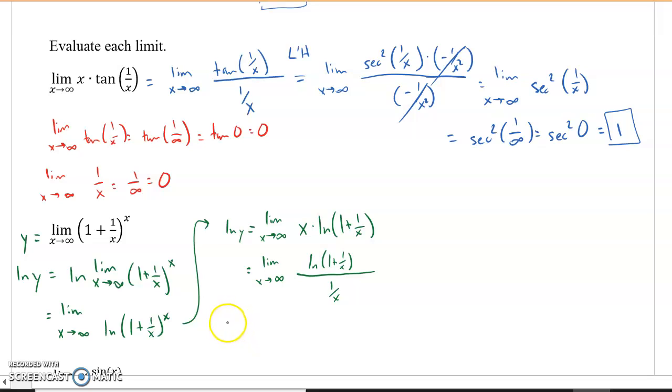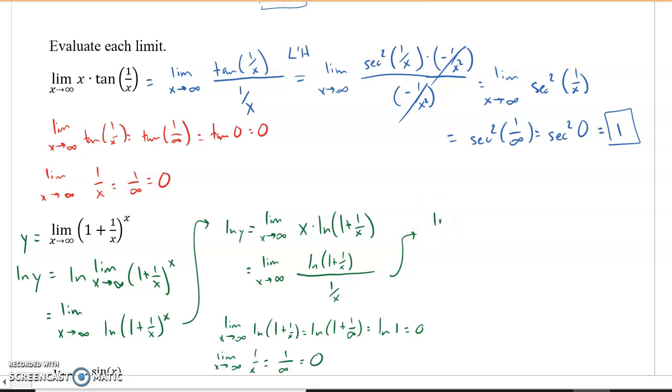All right? And if we take a look at the limit as x approaches infinity of the natural log of 1 plus 1 over x, well, 1 over infinity is 0. So that's the natural log of 1 plus 0, or 1. And the natural log of 1 is 0. And of course, the new denominator here is also equal to 0. So we've got a 0 over 0 situation, so you know what's coming.